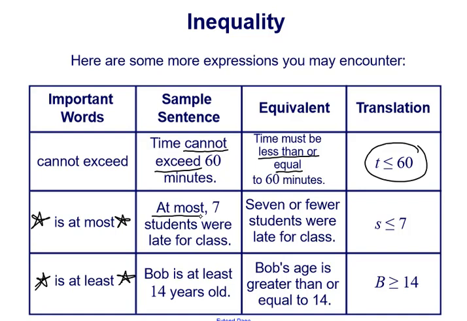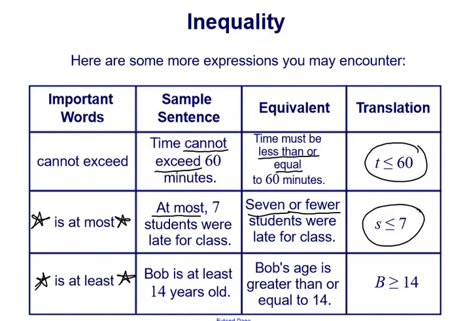You wouldn't want 8 though, that wouldn't meet the qualification. So that you don't want over 7, you want 7 or fewer students. So you could have the 7, you could be equal to the 7, but less than 7 also. So if we use a lowercase s for students, you can have s is less than or equal to 7 for that inequality.